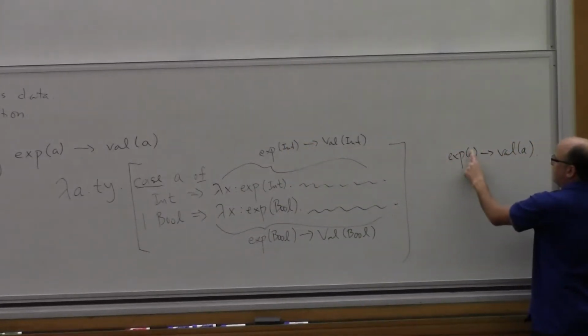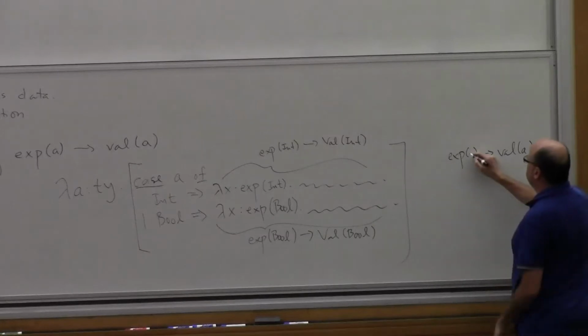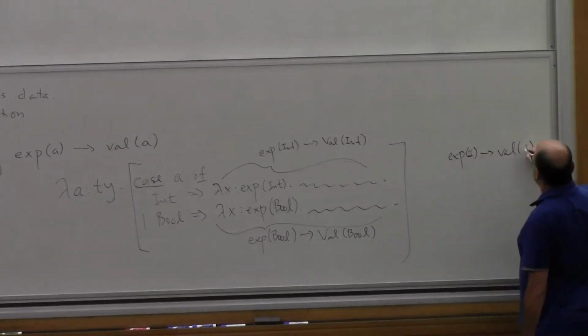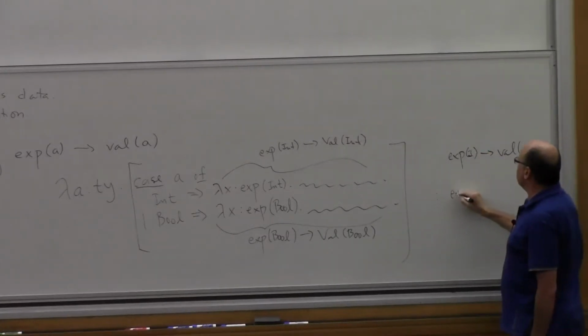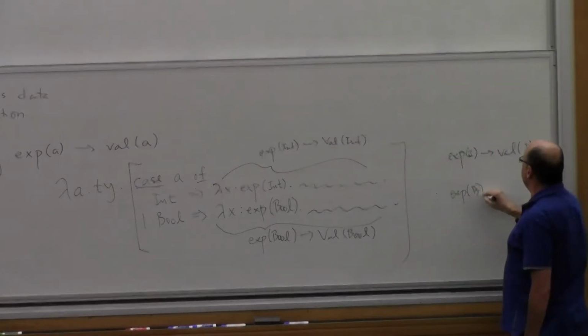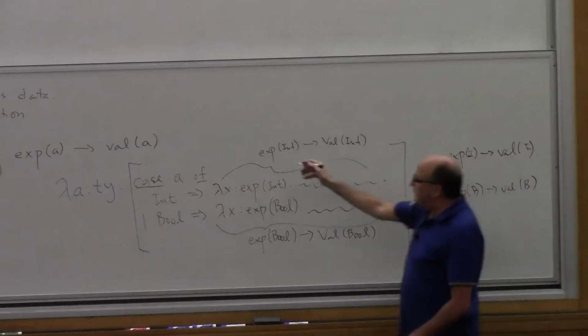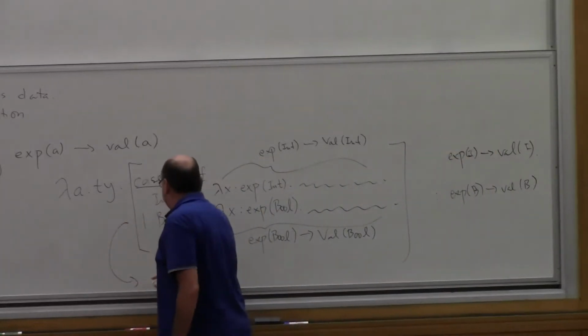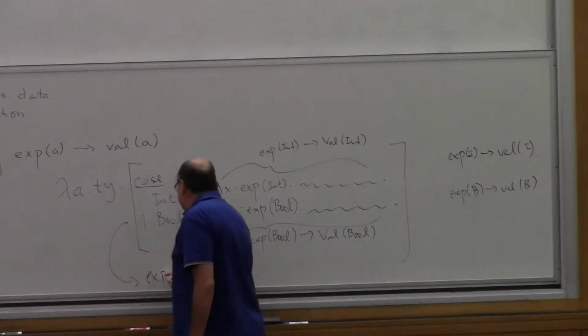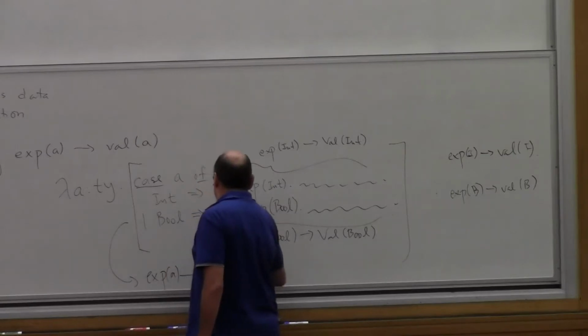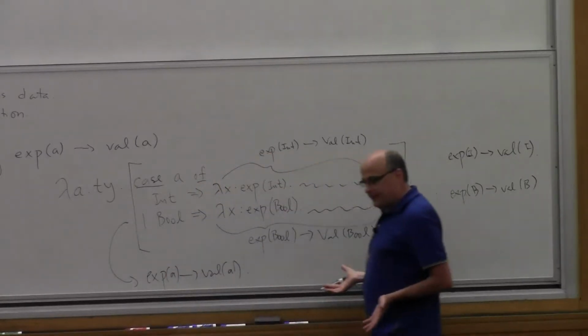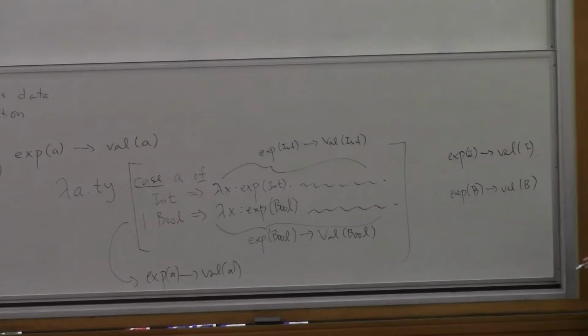So this has to be int here, so I'll write I here, and it has to be exp of bool, I'll write b here, val of b here. And if you satisfy both of those things, then the entire body has type exp of a, arrow val of a, because that's the dependent elimination rule for case. Voila, we're done. There's nothing to say.